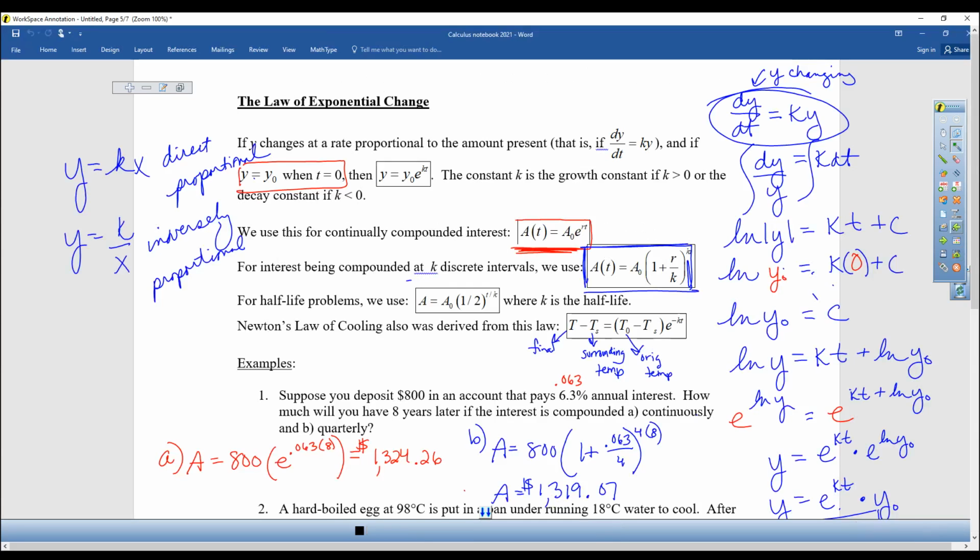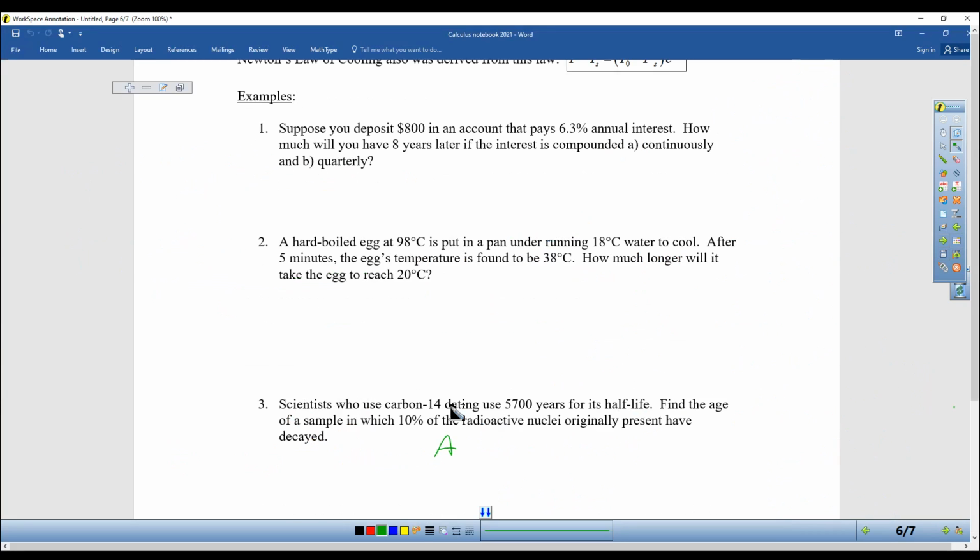It says for half-life problems, we use this where K is the half-life. So the amount final is equal to the amount original times 1/2 to the T over K, where K is the half-life.